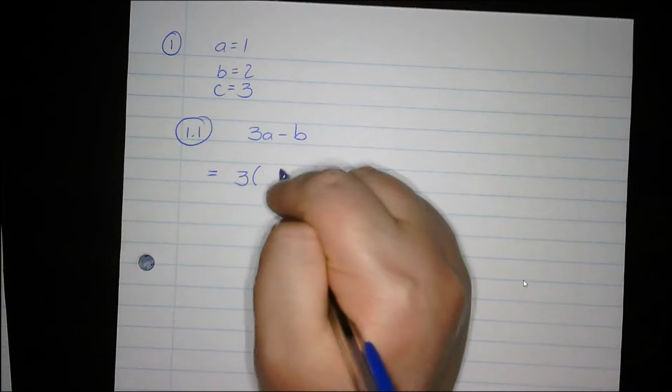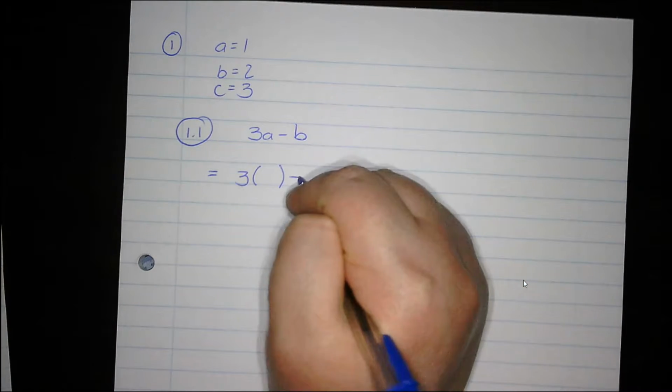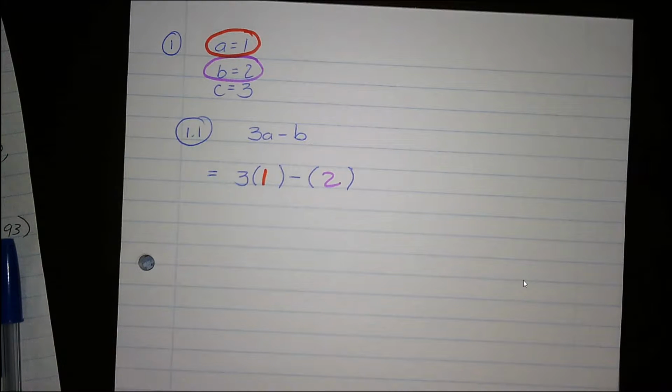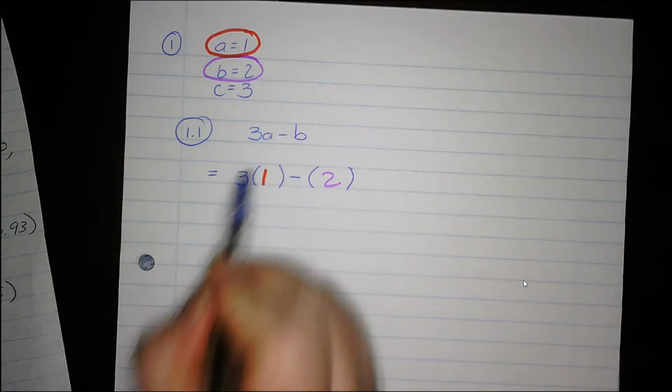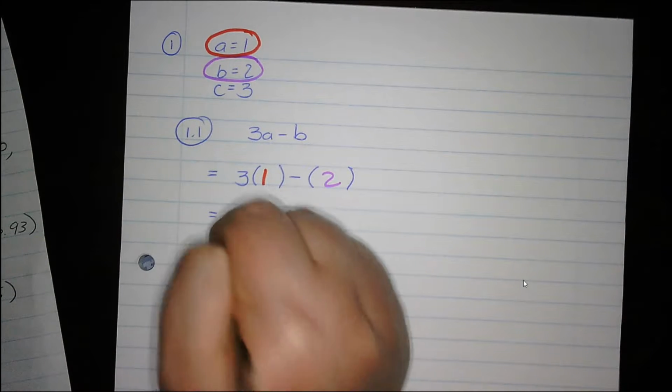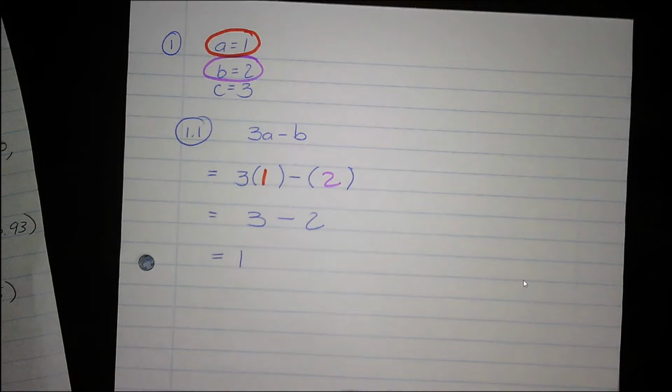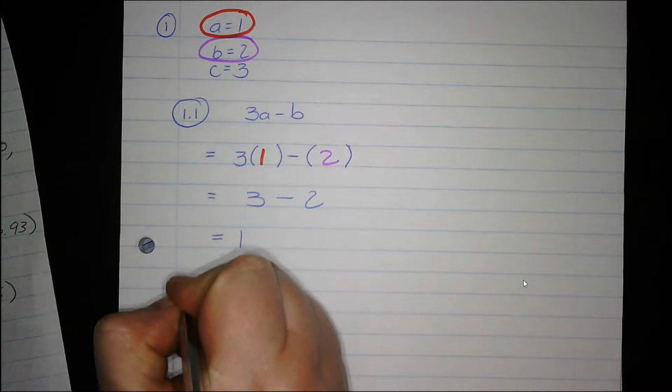We're going to have 3, and in the place of A, brackets, minus, and in the place of B, brackets. A was 1, so I'm going to put 1 where there was an A, and B was 2, so in the place of B I'm going to put a 2. 3 times 1 gives me 3, minus 2. That gives me 1. That's how you do substitution.